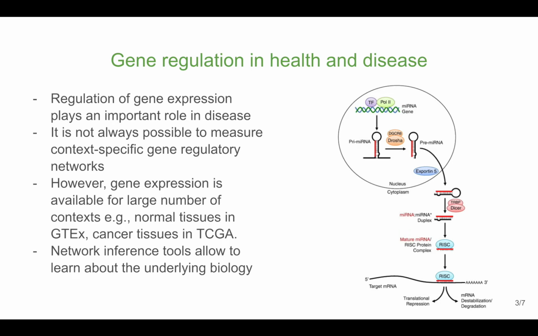Gene expression, as we all know, is controlled by a set of factors such as microRNA and transcription factors. However, it's not always possible to measure the underlying regulatory network in all contexts. Therefore, we need computational tools to infer gene regulatory networks from gene expression data and to reverse engineer the regulatory network from context-specific data.